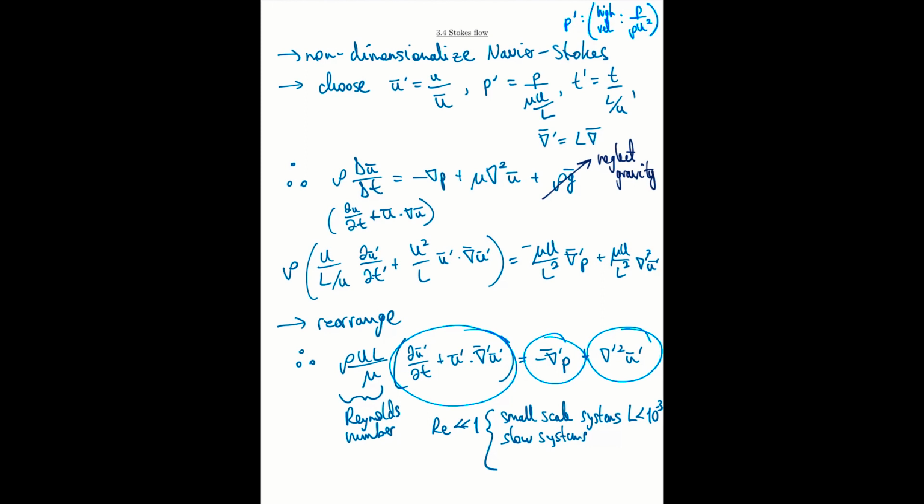So where our average velocity less than 10 to the minus 3, and we can also have very viscous systems, something also we looked at in our dimensional analysis where viscosity greater than 10 to the minus 3. Okay, and more than one of those can apply as well to have very, very low Reynolds numbers.